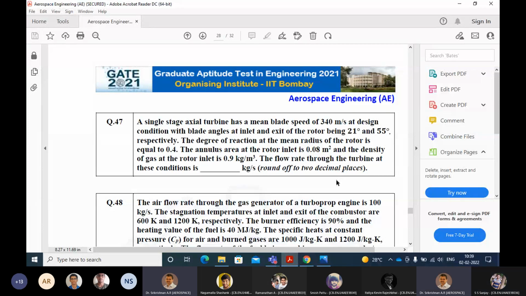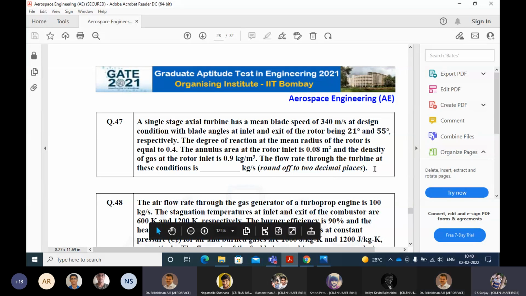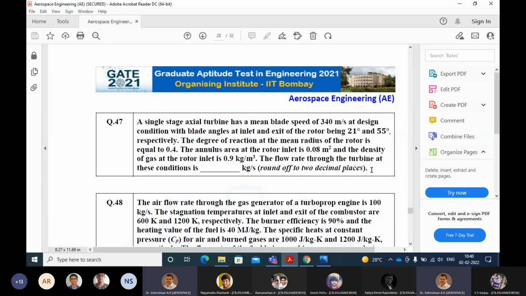It's only in hydraulic turbines that you have a category where the degree of reaction is 0, like when a water jet is directly hitting the blades, and whatever rotation is happening is because of the change in velocity. So momentum is conserved by changing the velocity. When you have that kind of system, you will have degree of reaction 0. In gas turbines, and particularly aero applications, you don't have that.